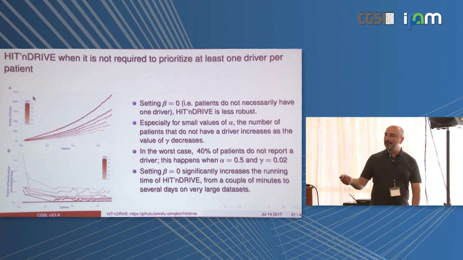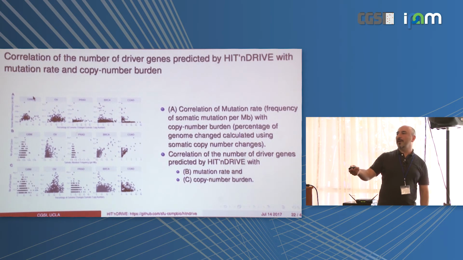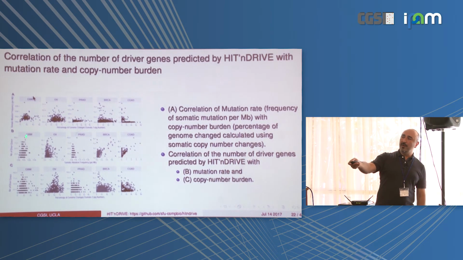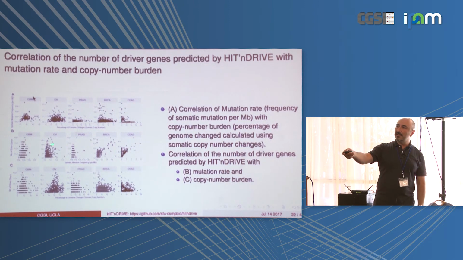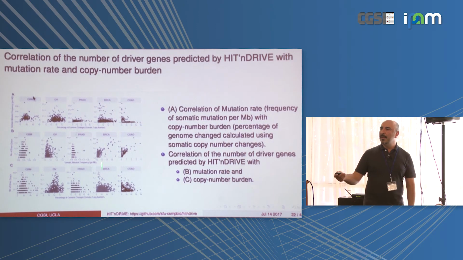Maybe I shouldn't get into every single detail, but for example, these are the number of drivers identified for each one of the 5 cancer types that we considered: glioblastoma, ovarian, prostate, breast cancer, and colorectal.